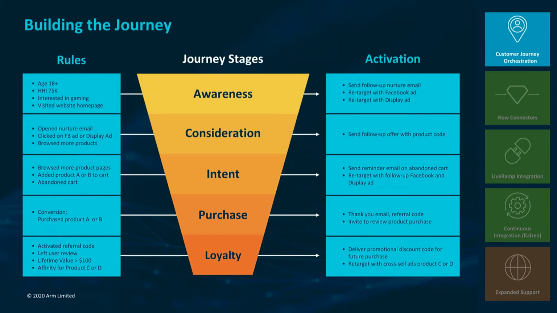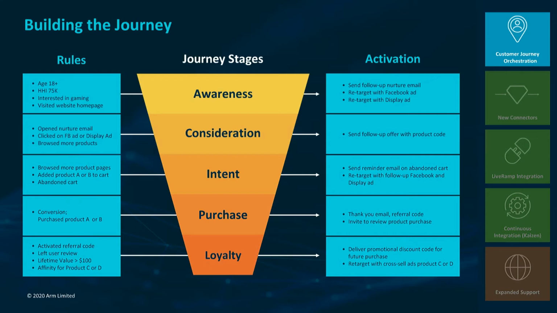And then once they have dropped into that segment, you're then activating out and saying, hey, I want to retarget them on Google Ads, I want to do a display ad to them, and I want to follow up maybe with a nurture email or something like that. And then you're looking at the engagement from that.